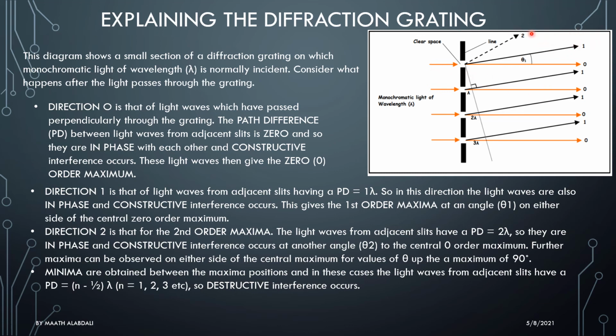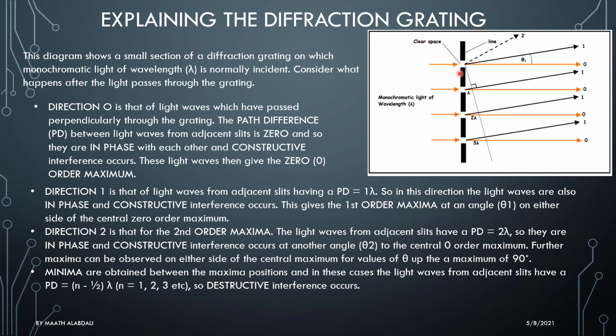Direction 2 is the second order maximum, where the path difference is 2 lambda, so they are in phase and constructive interference occurs at another angle to the central zero order maximum. Further maxima can be observed on either side of the central maximum for values of theta up to a maximum of 90 degrees. It can only happen up to a maximum of 90 because it cannot go back.